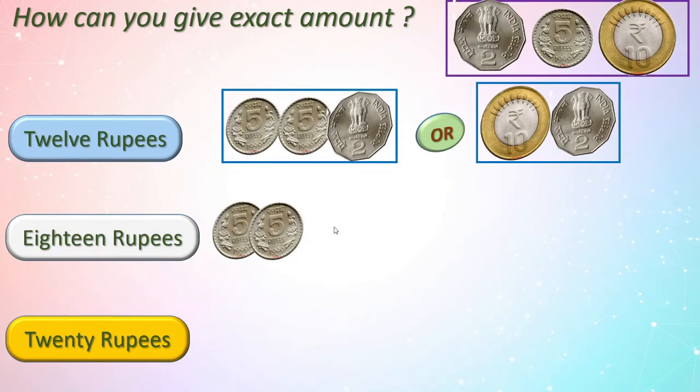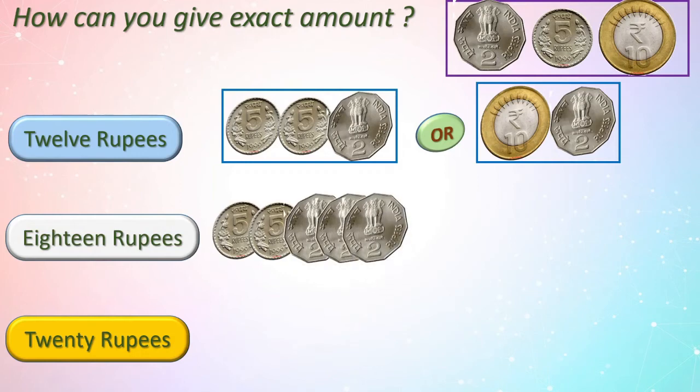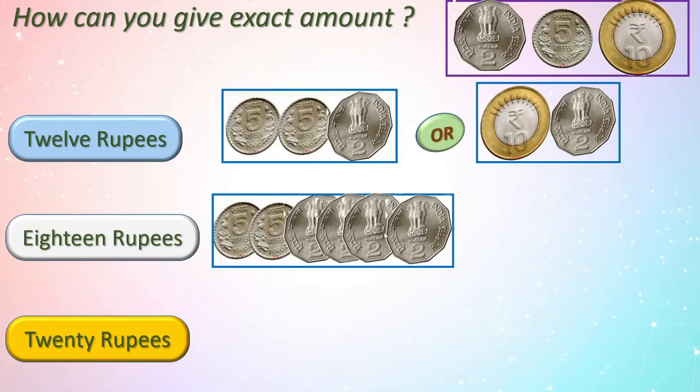So what do we have to do? We must use here 2 rupees 4 coins. Right? Now 5 plus 5, that is 10 rupees. This is 12, this is 14, this is 16 and this is 18. Correct? So together they make 18 rupees.